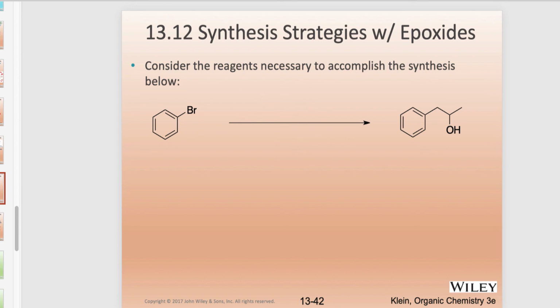So the question, the task here, is what do we have to do? It doesn't tell you how many steps, but we need to understand what's going on in here. So obviously, we're going to look at what's the same and what's different. We have the phenyl group, which means we have to figure out a reagent that will add these components to it.